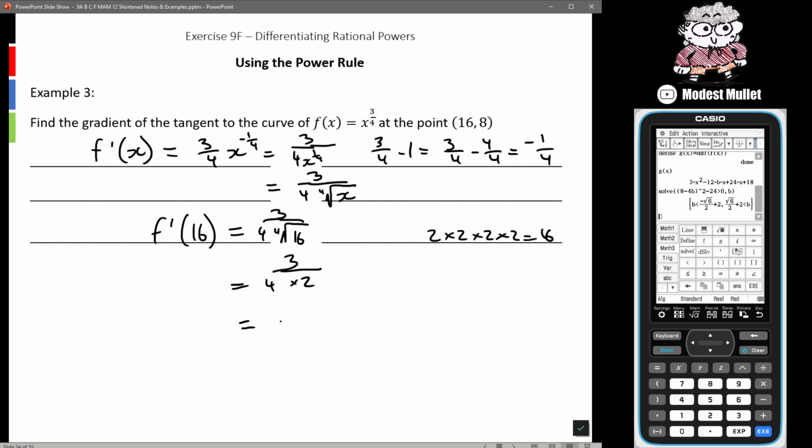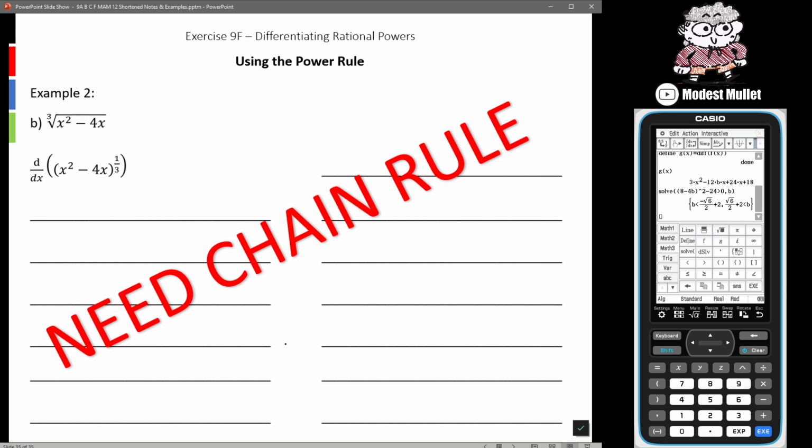That's times 2, equal to 3 on 8. So the gradient at that point is 3 over 8. And again, we need a chain rule for that one, so we can't do that problem yet either.